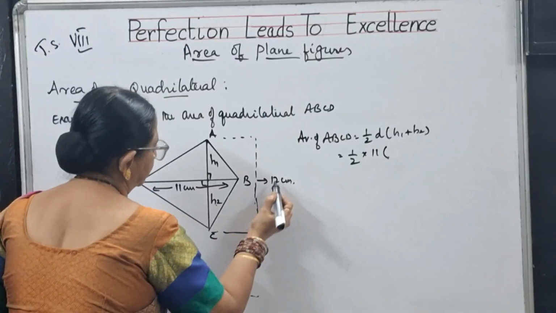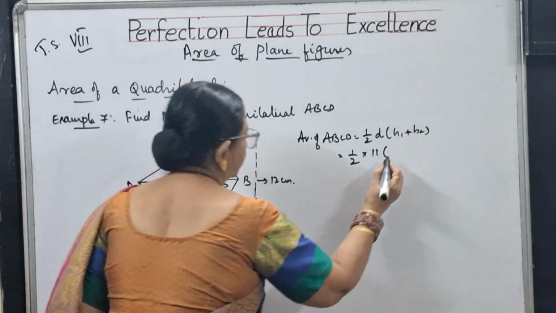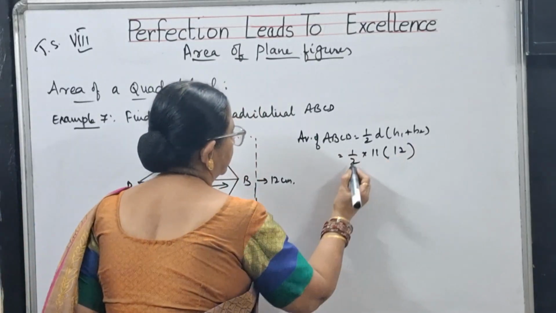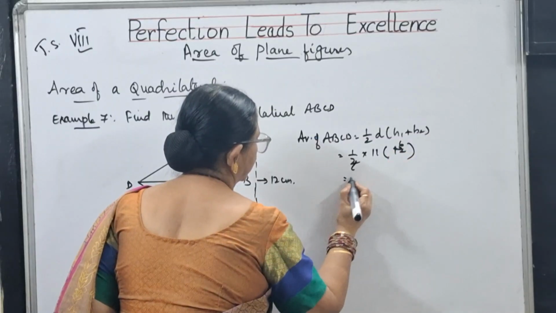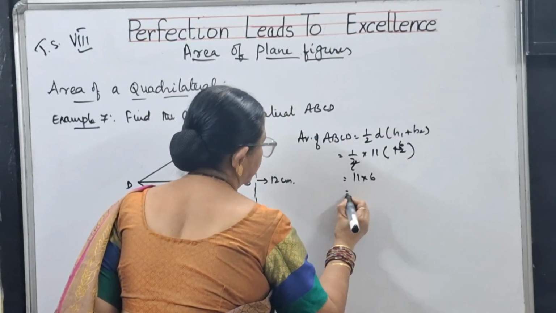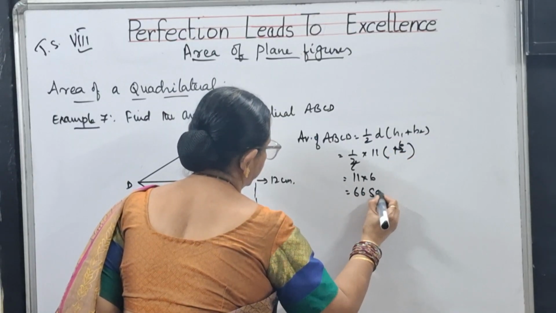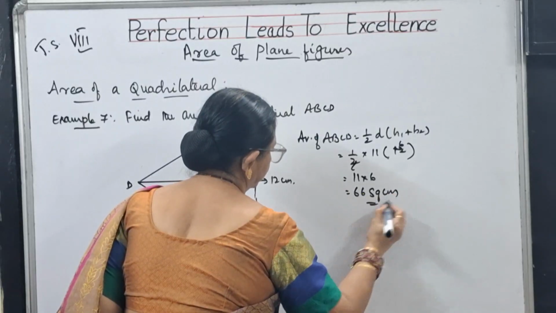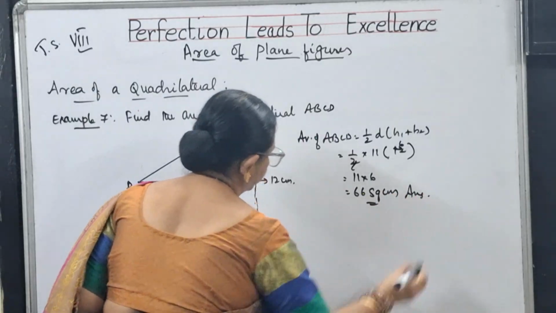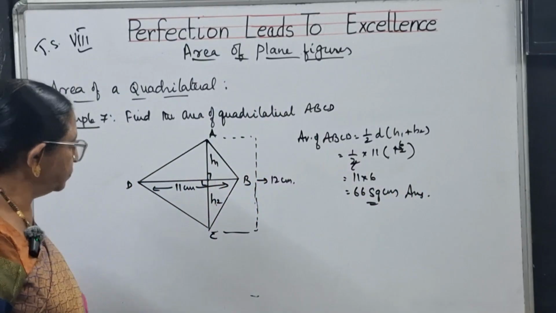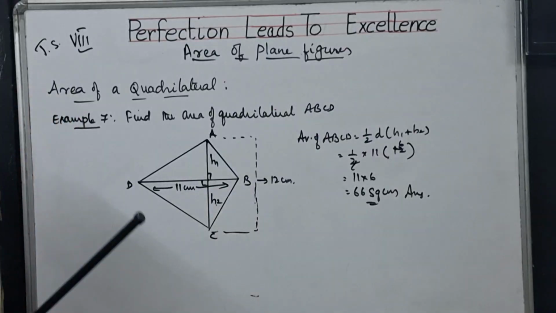The total length is 12 centimeters, which means H1 plus H2 is 12. Half of 12 is 6, so 11 into 6, that is 66 square centimeters, is the area of ABCD.